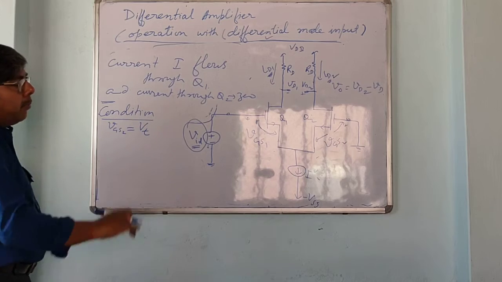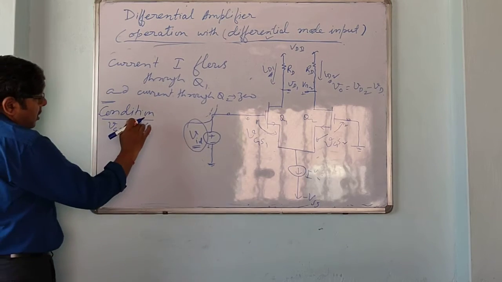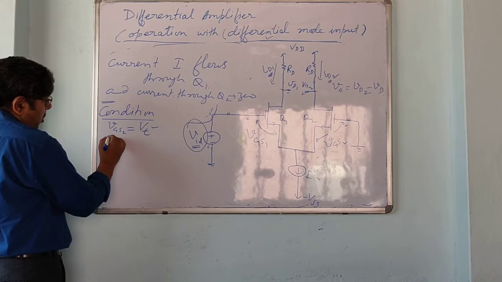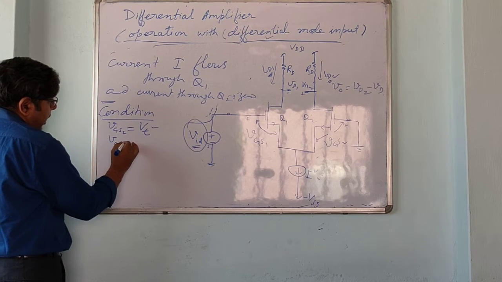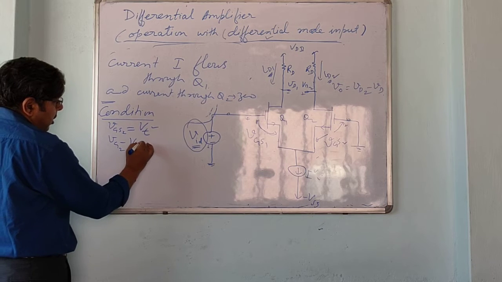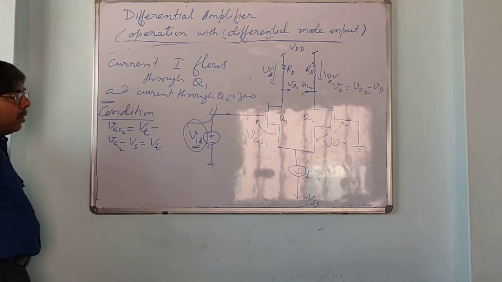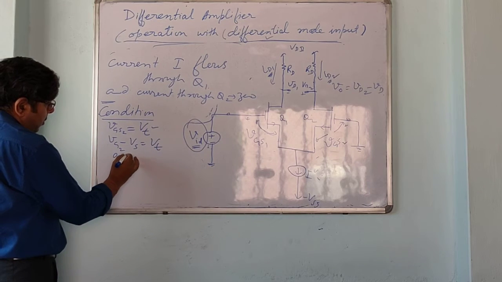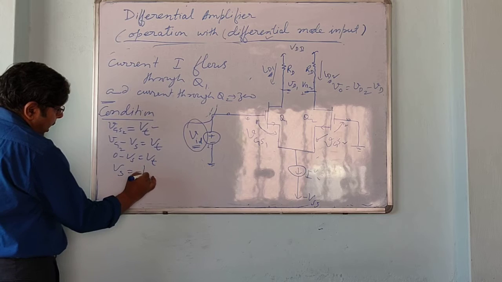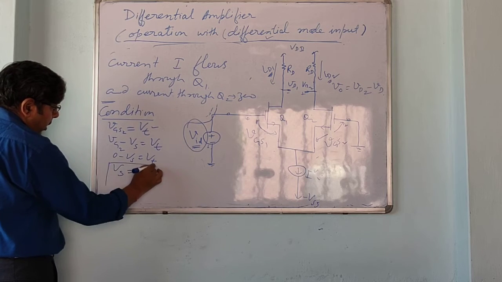So this is at the boundary value. We can say VG2 minus VS equals Vt, and VG2 is grounded, or VS equals minus Vt. This is one condition.